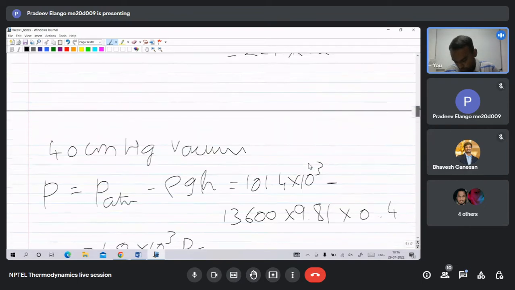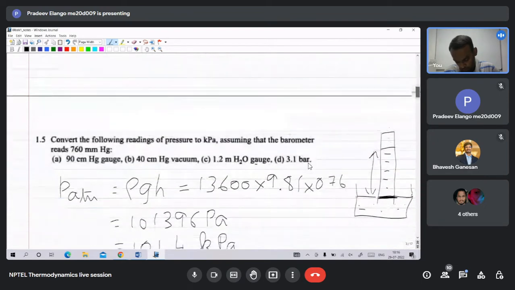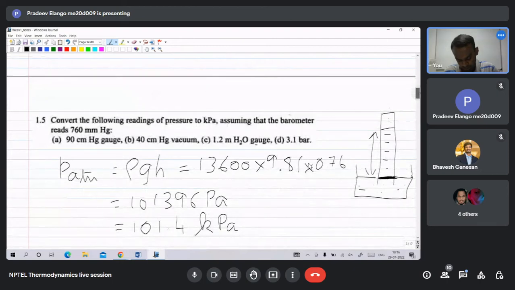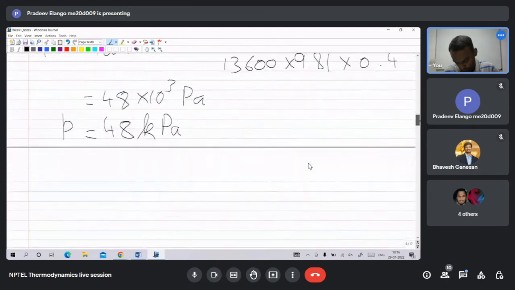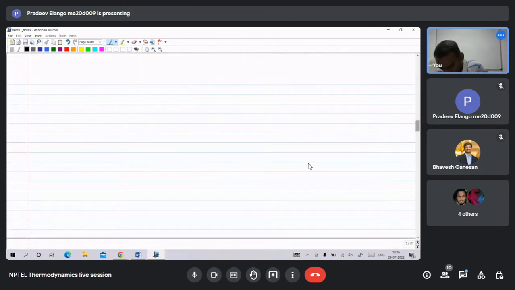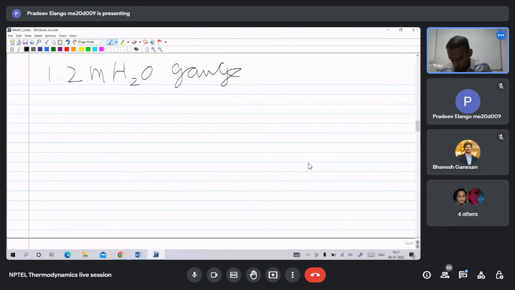Now the third problem is we have 1.2 meters of water gauge pressure. 1.2 meters H2O gauge. Again we write P is equal to P atmospheric plus rho gh.